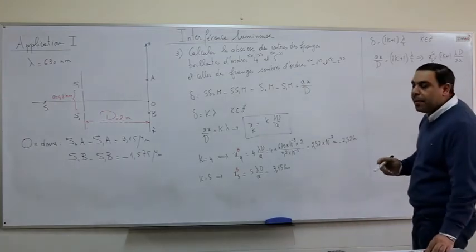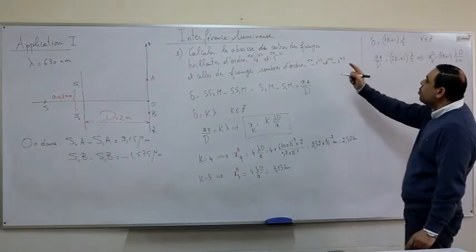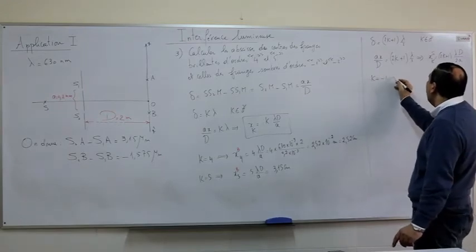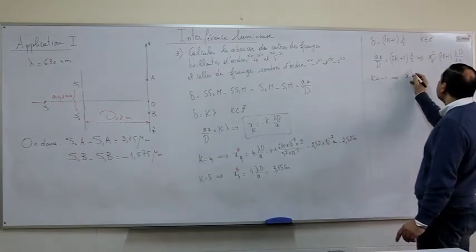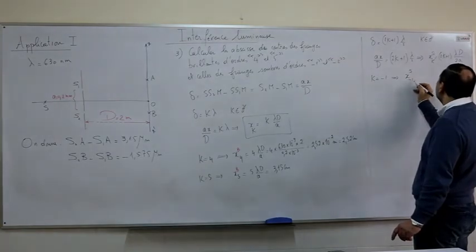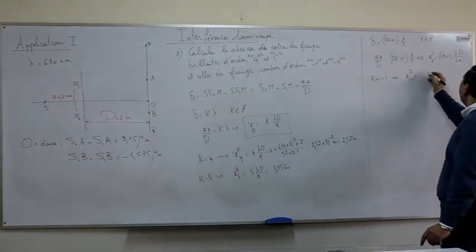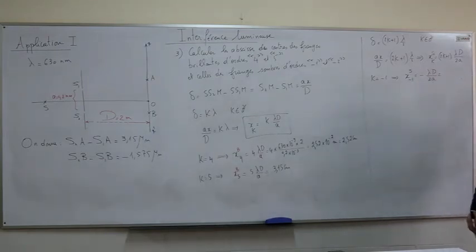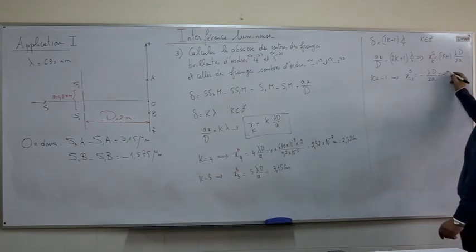So what is the abscissa of the dark fringe of order -1? This corresponds to K equals -1. Then XD minus 1 equals minus lambda D over 2A. The answer is minus 3.15 millimeters.